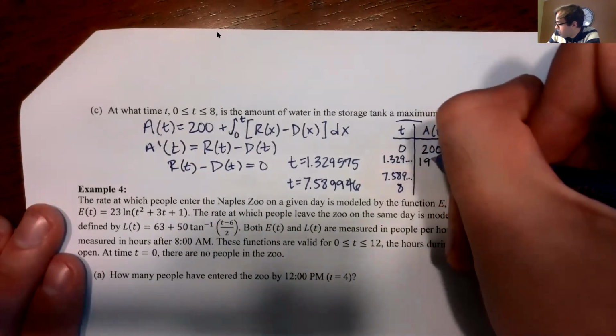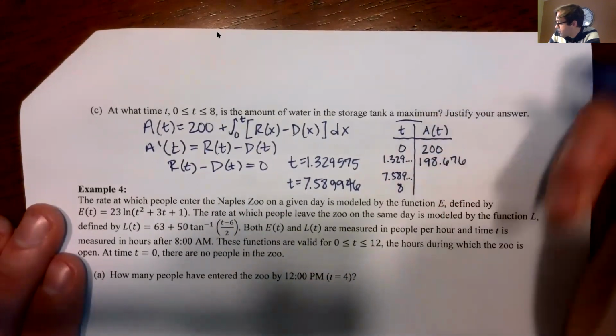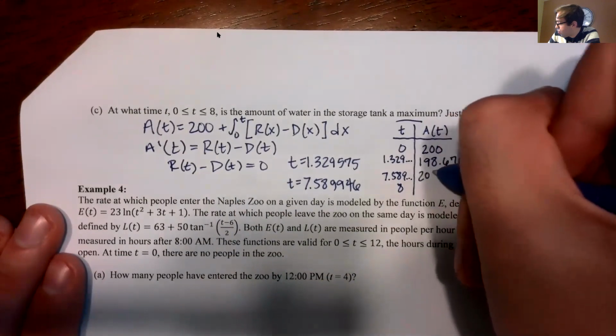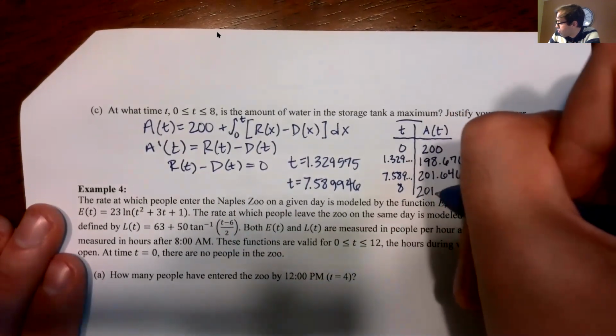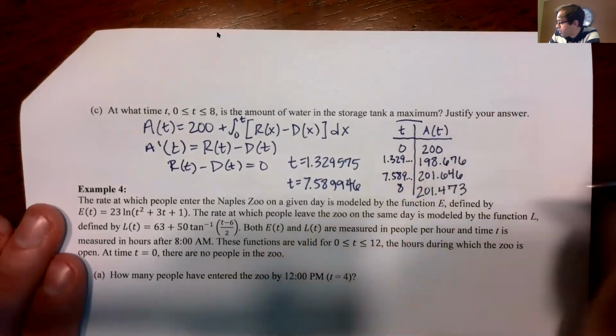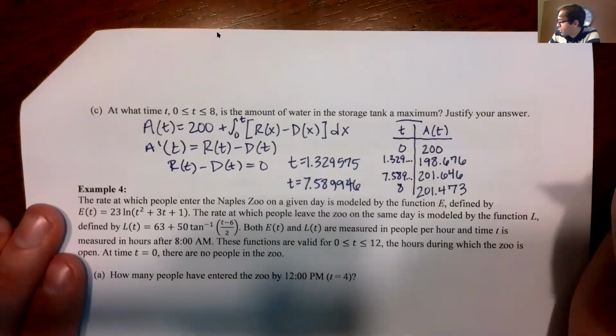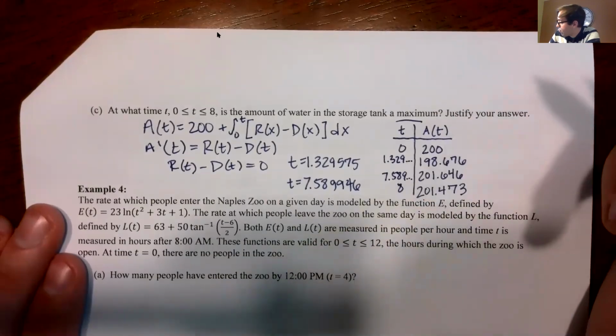Second one is 198.676. Third one is 201.646. And the last one is 201.473. So the water is at a maximum in the storage tank at t equals 7.589.